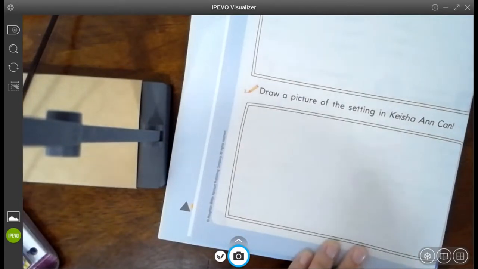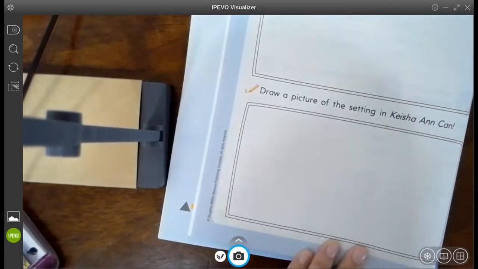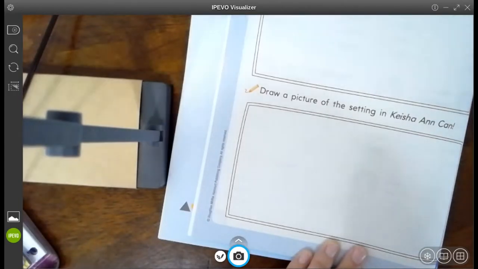Oh, I heard someone say that the setting was at the lake. Was our story at the lake? Were they outside near water? Nope. Think again. Where did the story take place?